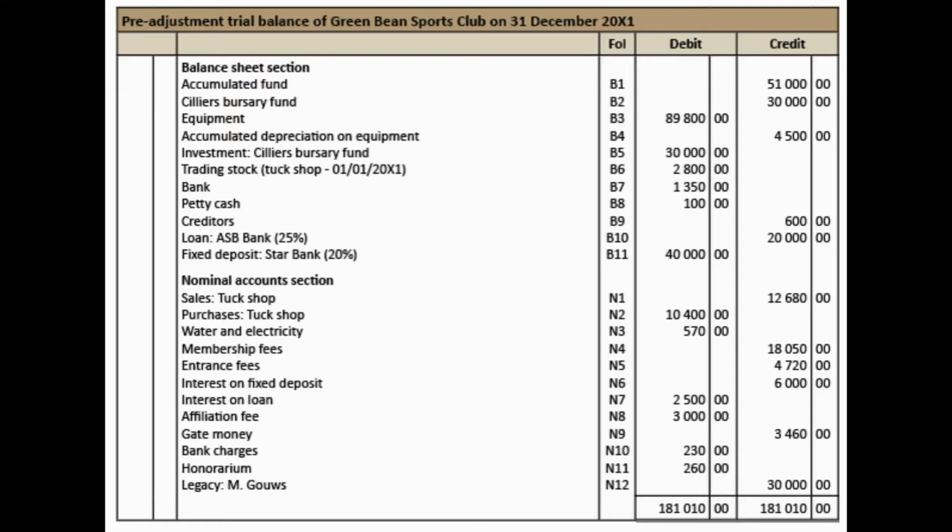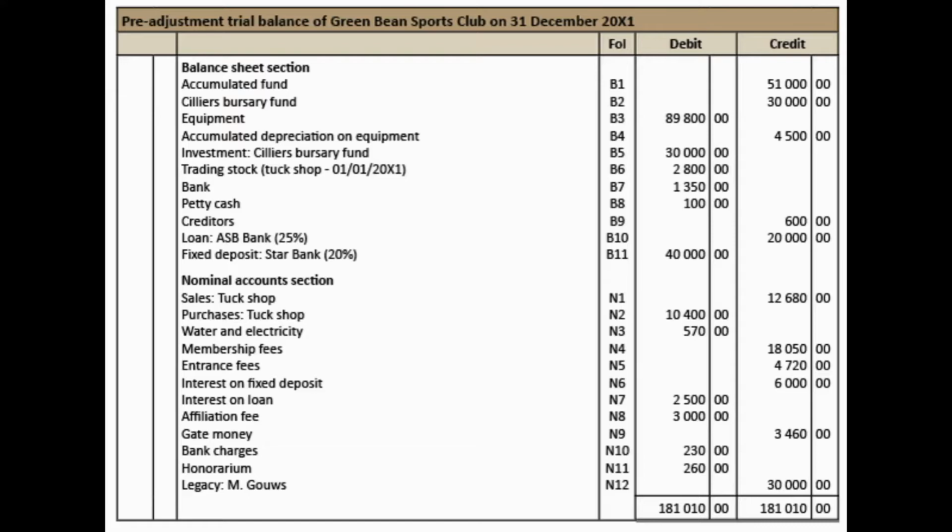Okay, so you open that expenses accrued account, or accrued expenses, it doesn't matter, and you debit interest on loan and you credit expenses accrued with 2,500.